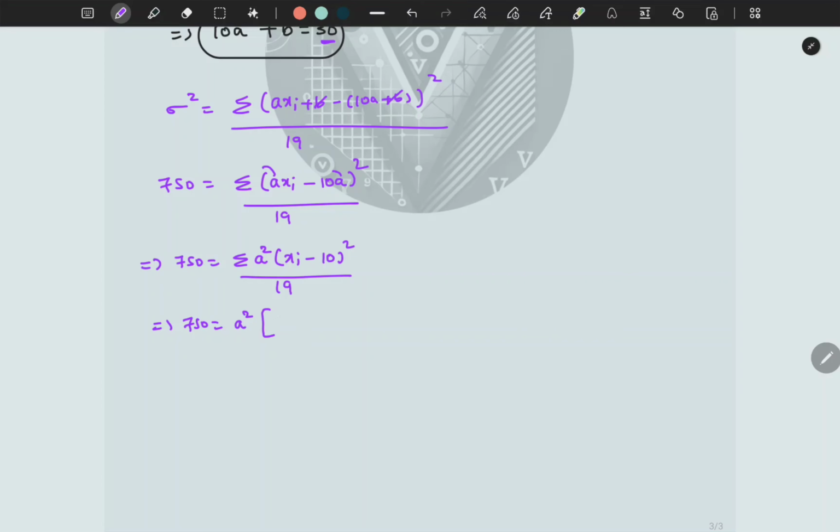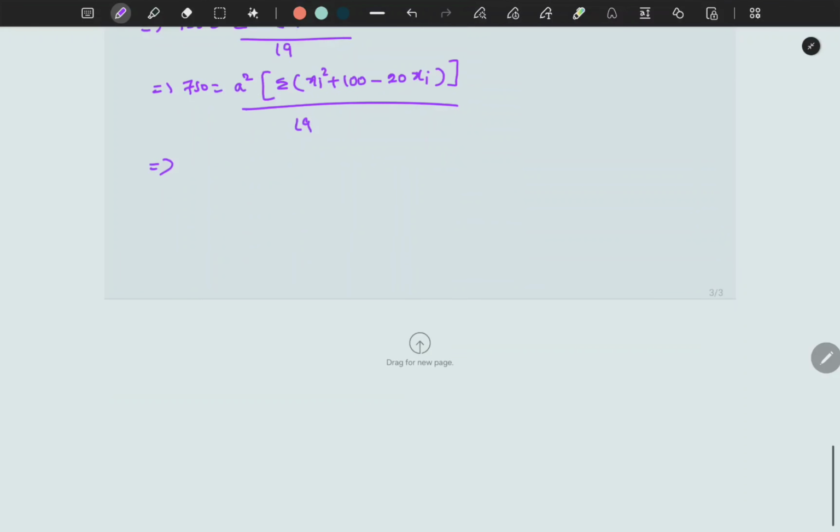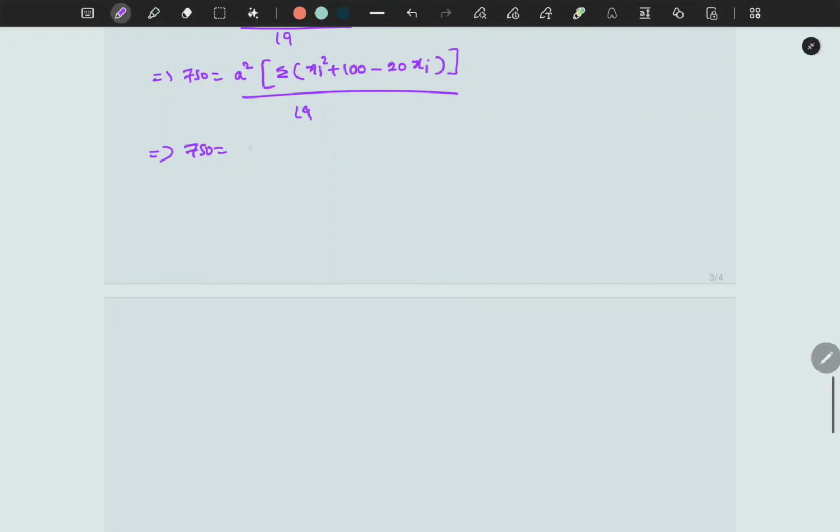Let me first expand the square: xi square plus 100 minus 20xi, divided by 19. Now 750 is equal to a square into, splitting the summation, sigma xi square plus sigma 100 divided by 19, minus 20 times sigma xi divided by 19, right?